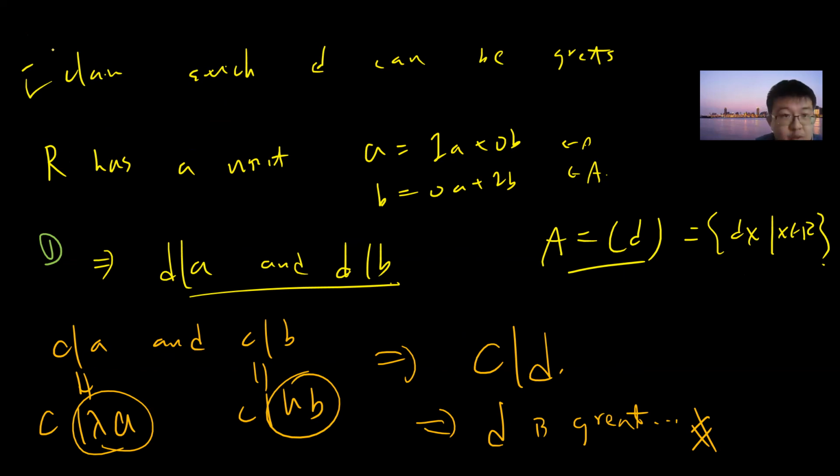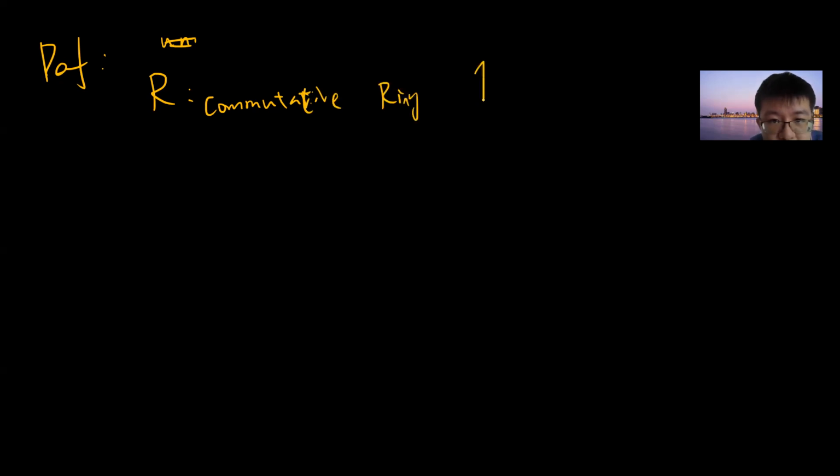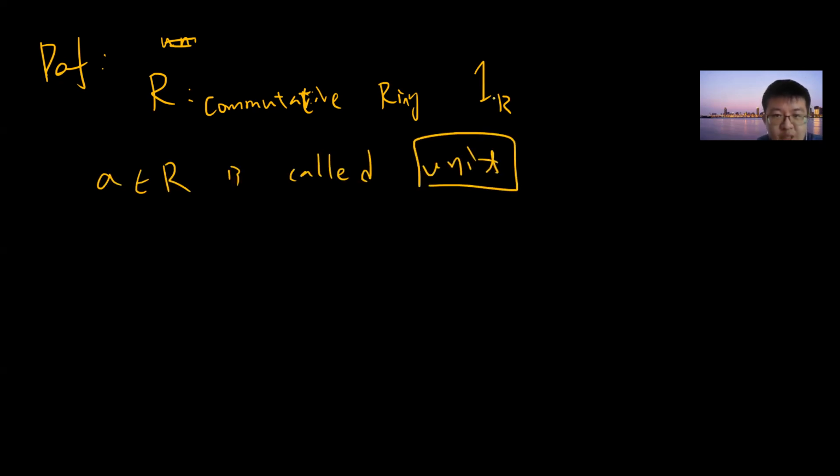Okay, so definition. If R is a commutative ring with unit element, or identity element, then A is called a unit. Don't confuse unit and identity.